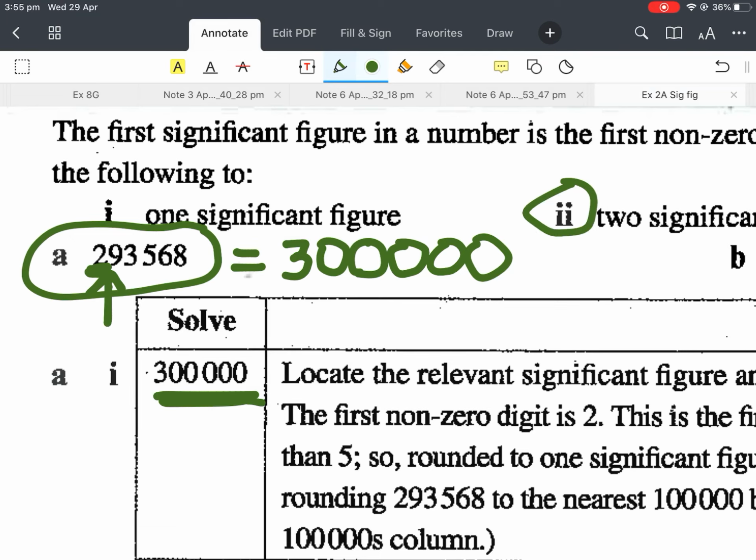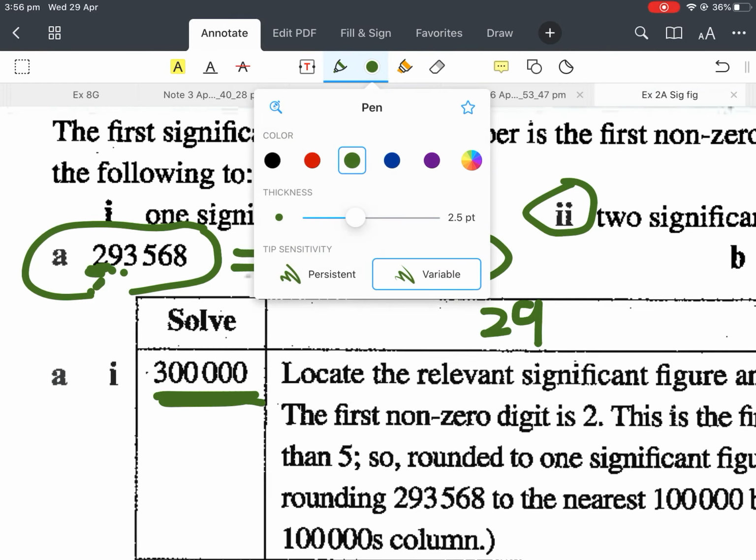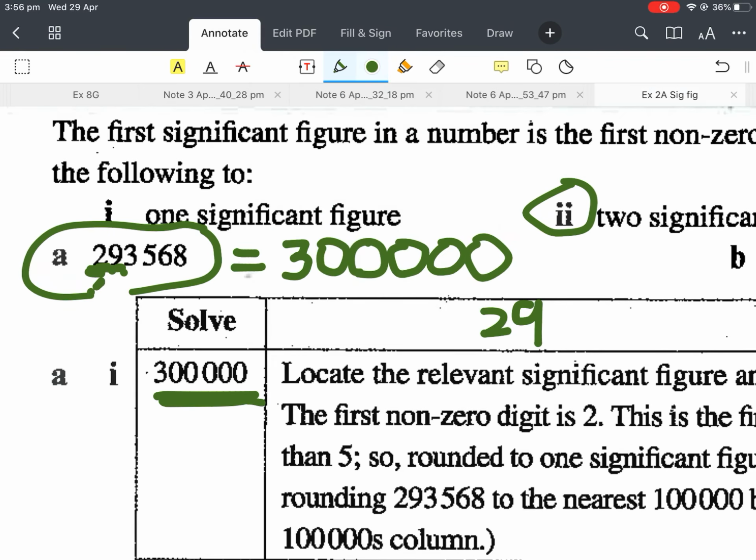Okay, so if I go now to 2 and try to round that to 2 significant figures, that's telling me to keep the 2 and the 9 this time. But this time I'm going to look at the next number after the 9, which is a 3, and use the rounding rules.